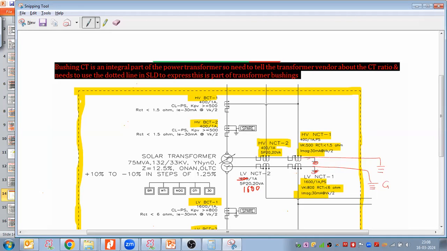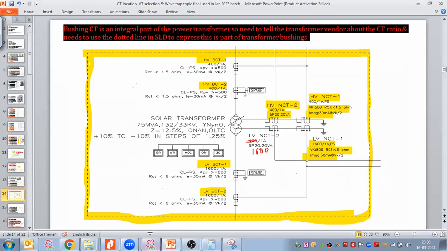From the SLD point of view, when you are taking the phase bushing CT and neutral CT as bushing CTs, please indicate this with a dotted line when you are making the SLD. It ensures that all these things are inside the transformer.